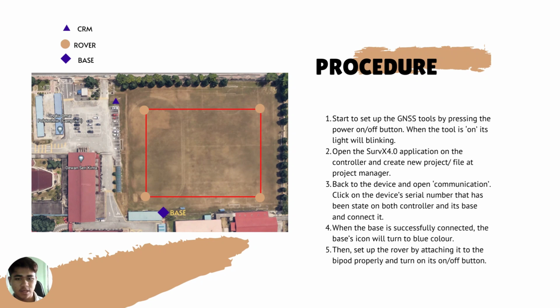Click on the device serial number that has been stated on both controller and its base and connect it. When the base is successfully connected, the base icon will turn blue. Then set up the rover by attaching it to the bipod properly and turn on its button.